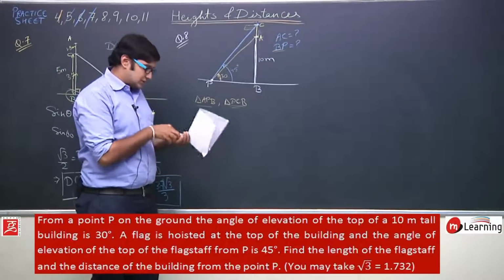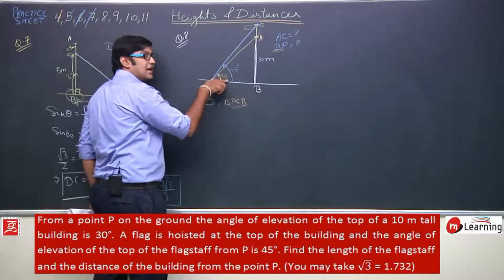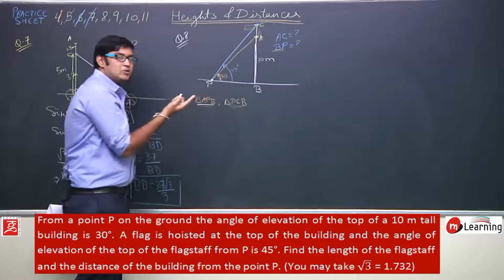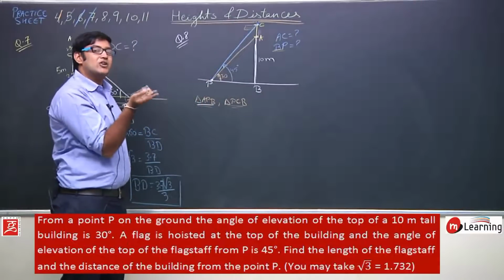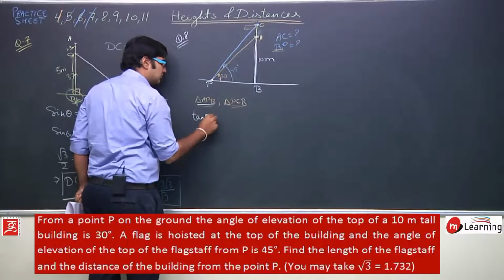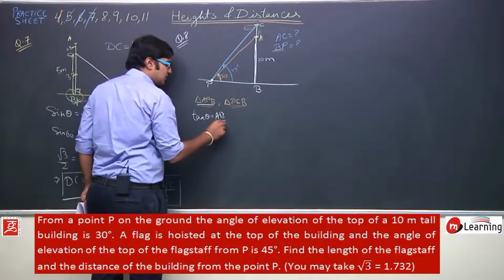So what I can see is, if I observe only triangle APB, I can relate this angle with this perpendicular and this base. So what is the trigonometric ratio that relates perpendicular and base? It is tan theta. So tan theta is equal to perpendicular AB upon base BP.